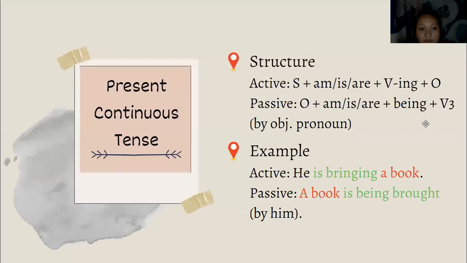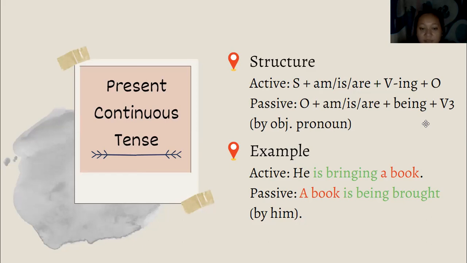So now is present continuous tense. The structure of the active one in present continuous tense is subject plus to be plus verb ing plus object. And the passive one is object plus to be plus being plus verb 3 or past participle, followed by object pronoun.